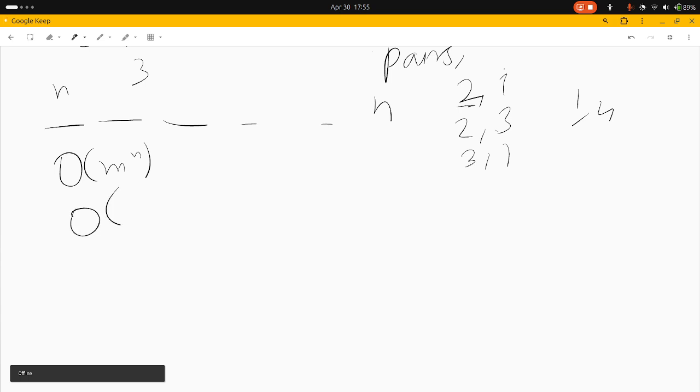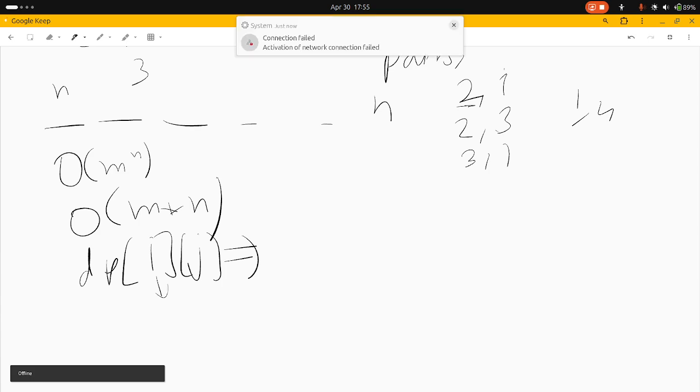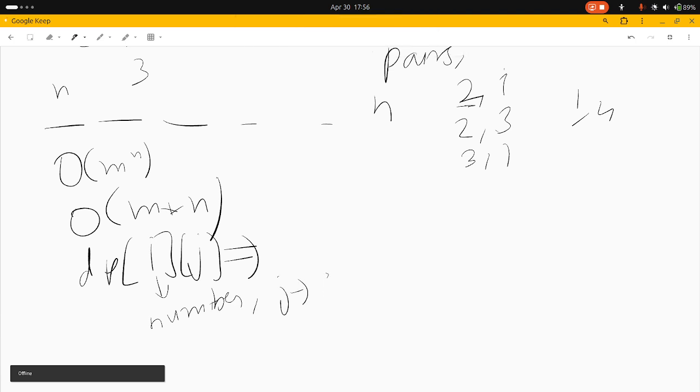DP reduces the time complexity to m star n, because we just have to store dp of i, j, where i is the number of blanks filled, and j is the last term, the ith term in the blanks. So we have to find dp of i and j.